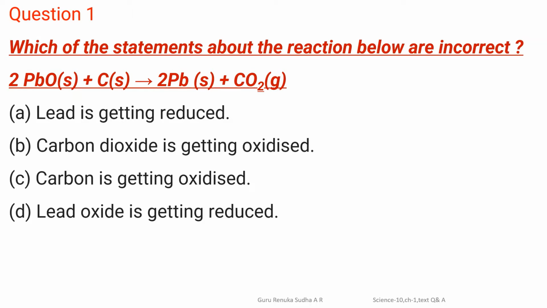According to this equation, see here, the lead is getting reduced. That means the quantity of lead is going to be reduced. Is that possible? You have to observe. Okay. Next, carbon dioxide is getting oxidized. Carbon is getting oxidized. Lead oxide is getting reduced. See which is the correct answer. That means you have to answer which statement is incorrect according to that chemical equation.